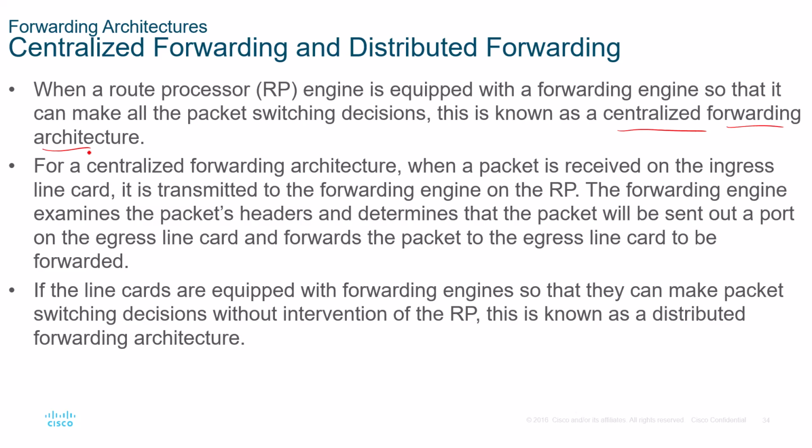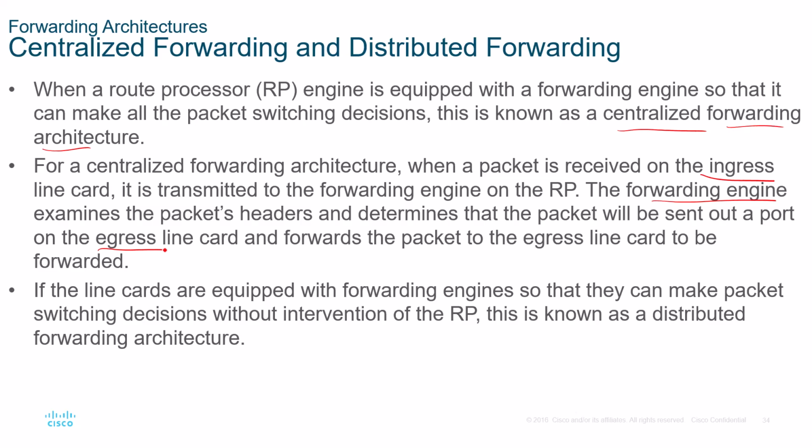For a CFA, when a packet is received on the ingress, it is transmitted to the forwarding engine on the router processor, and then the forwarding engine will examine the header and determine where the packet should be output, egress. And then it forwards the packet to the appropriate egress line to be forwarded correctly.